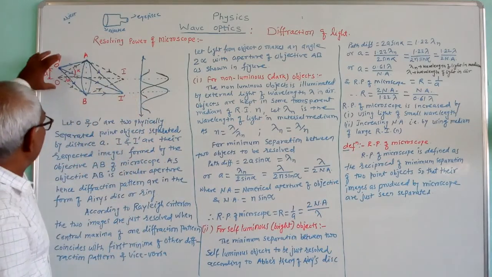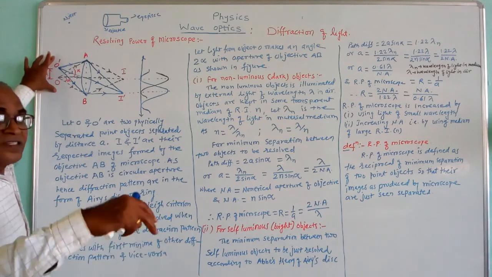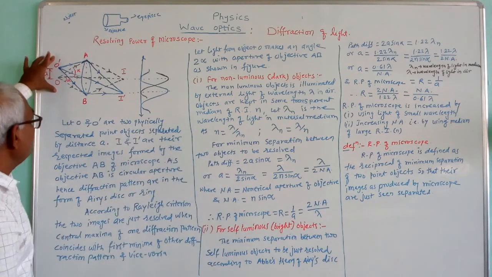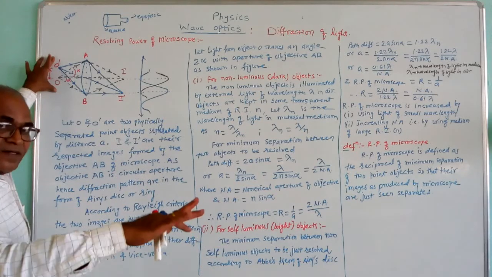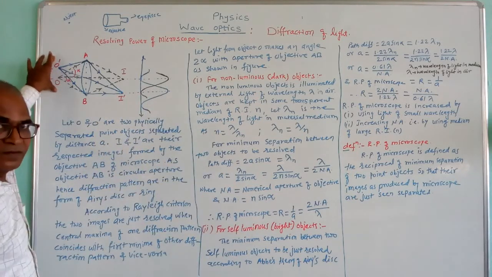If these two objects are self-luminous, that means they are bright objects, they emit light on their own.